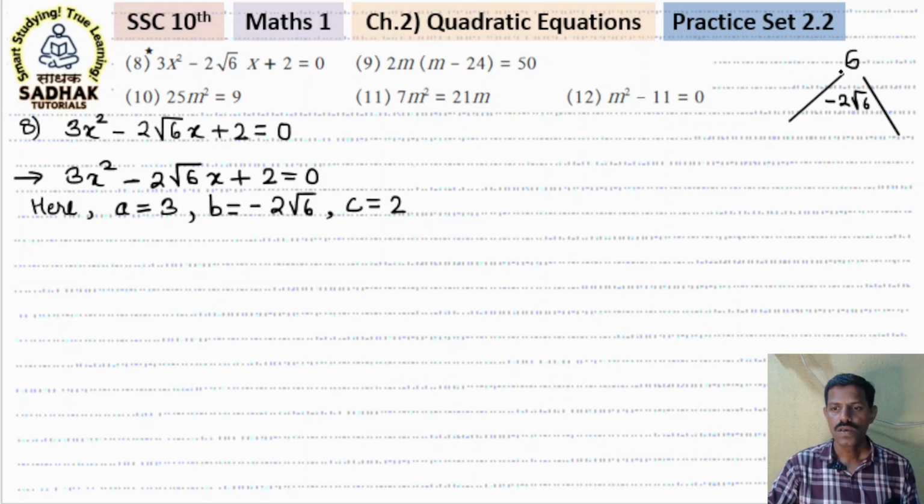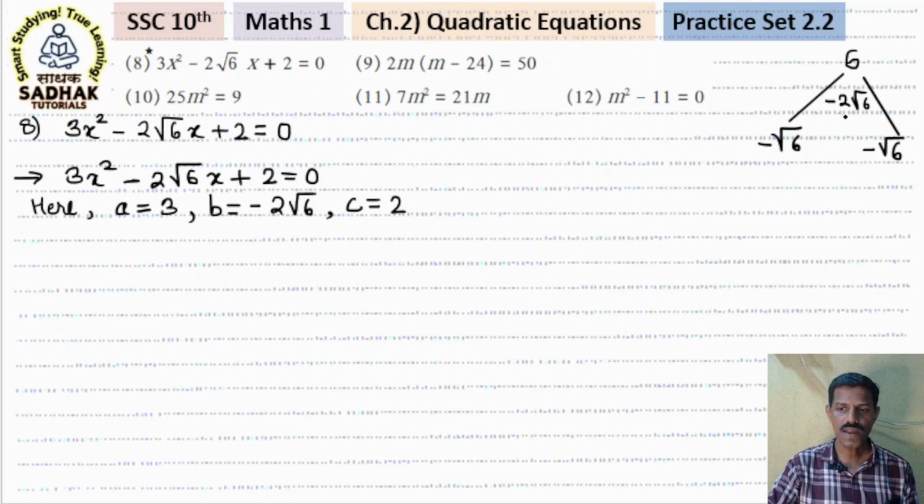So what are the factors of 6 now? Because here there is a root, we will take the factors as √6 and √6. √6 multiplied by √6 gives us 6. And if we take minus and minus, then −√6 − √6 gives us −2√6.